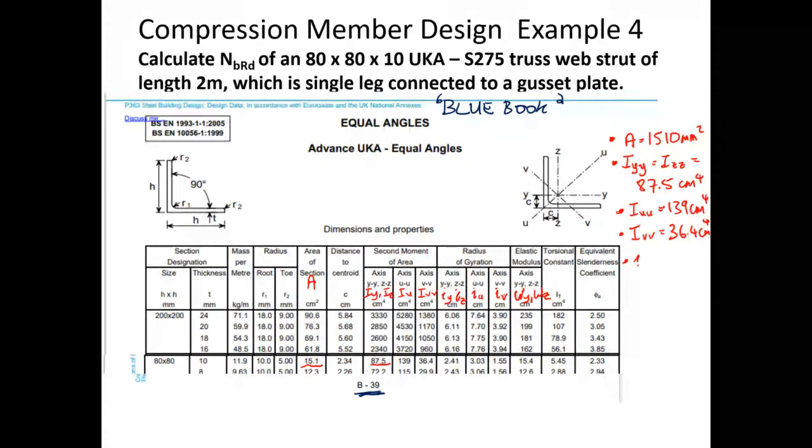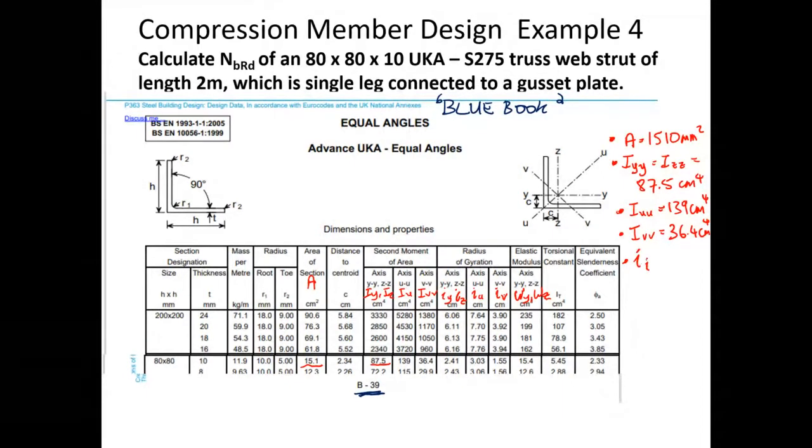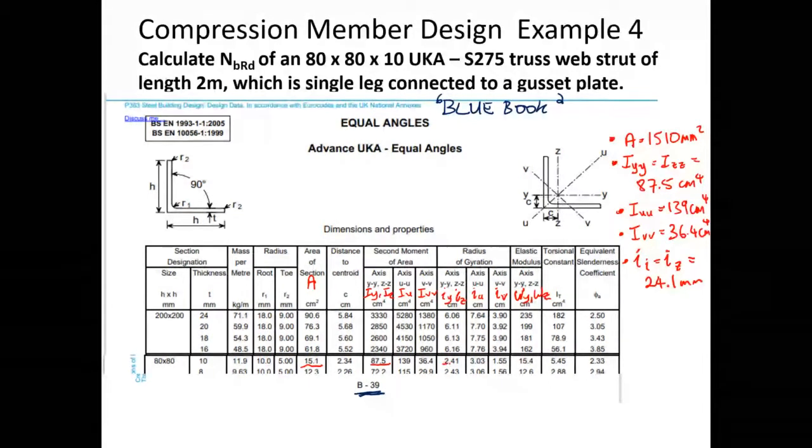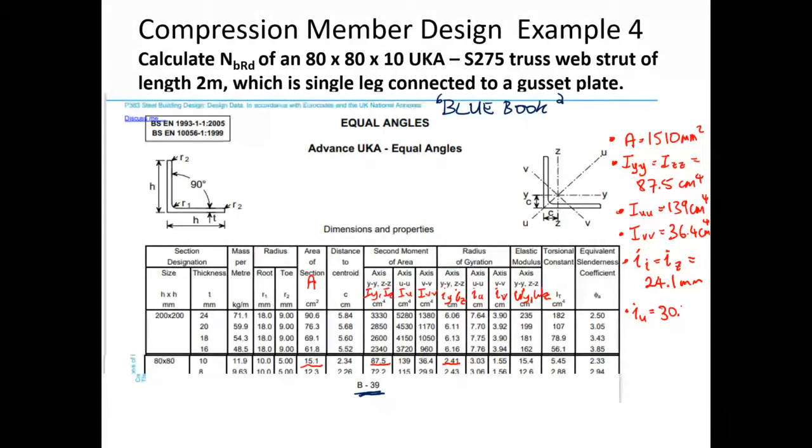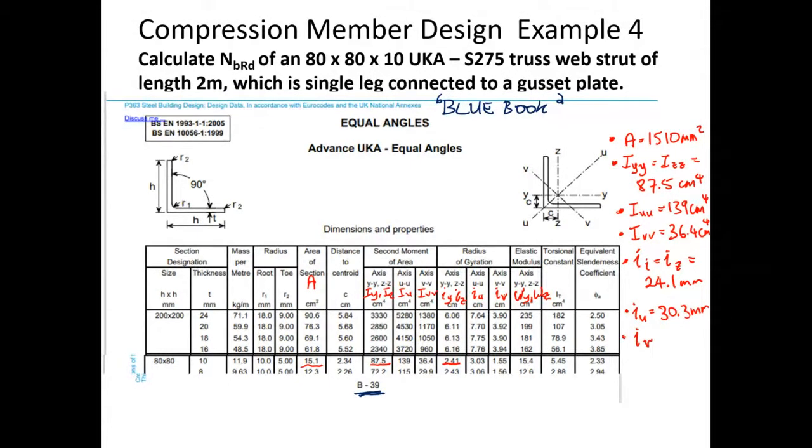We're definitely using the radius of gyration, so iy equals iz equals 24.1 millimeters, that's 2.41 centimeters, so I'll just turn that into millimeters. iu is 30.3 millimeters. iv is equal to 15.5 millimeters.